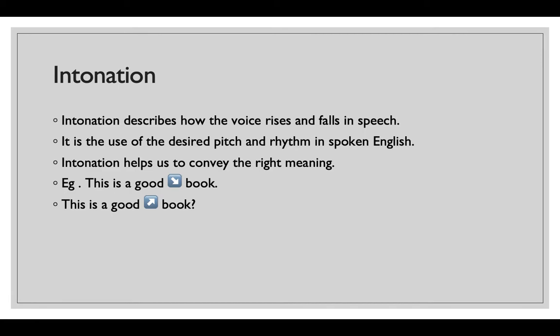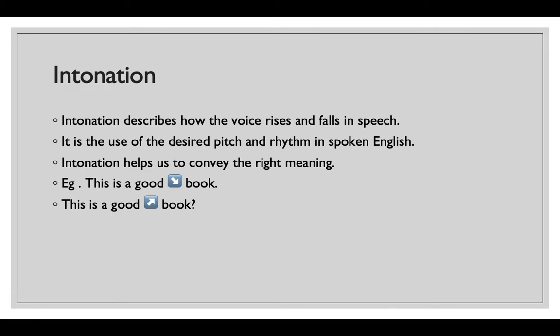For example, when you say "this is a good book" in one way and "this is a good book" in another, these two sentences containing the same words convey different meanings. When I say "this is a good book," at "book" there is a falling pattern, an ending.